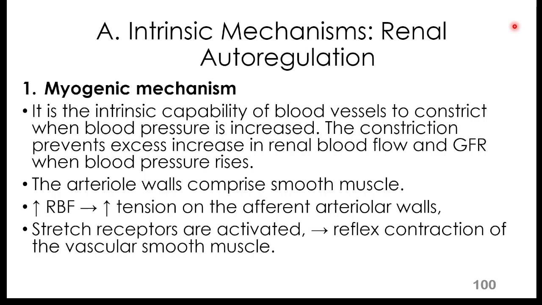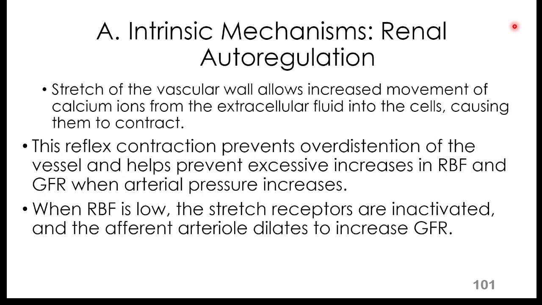The mechanism involves movement of calcium ions. The stretch receptors generate a signal that leads to opening of calcium channels, which permits calcium to flood into the smooth muscle cells from the extracellular compartment, thereby initiating contraction.